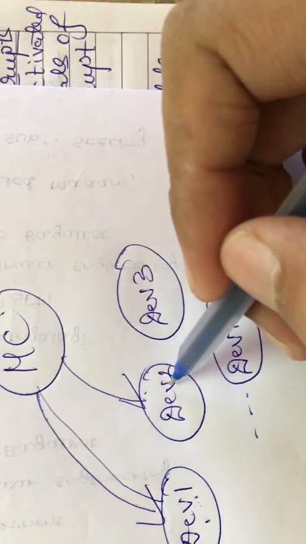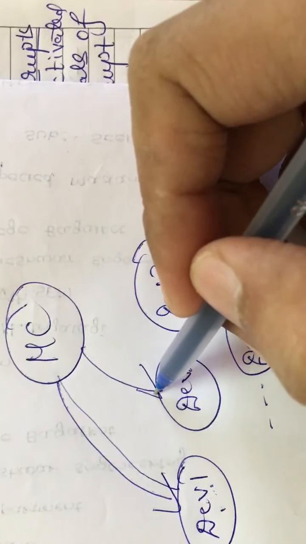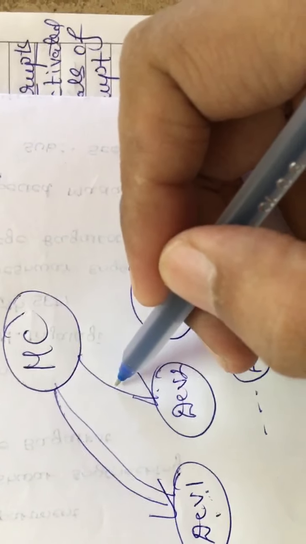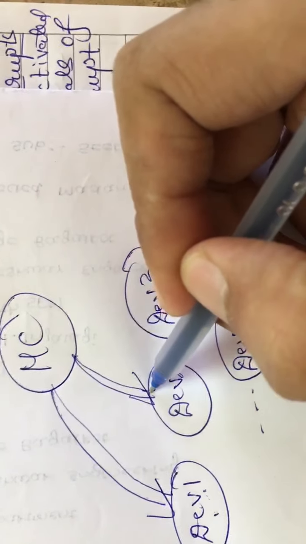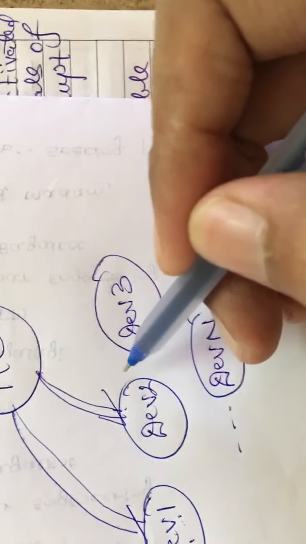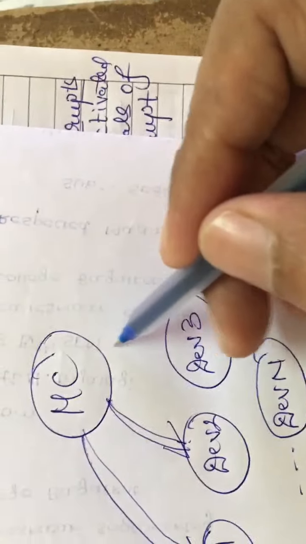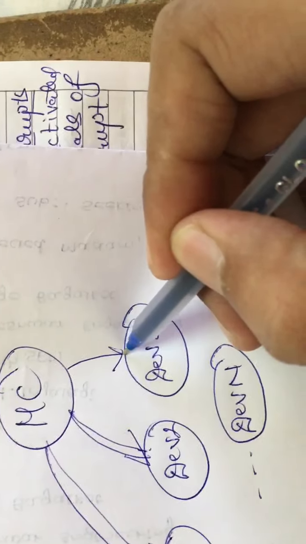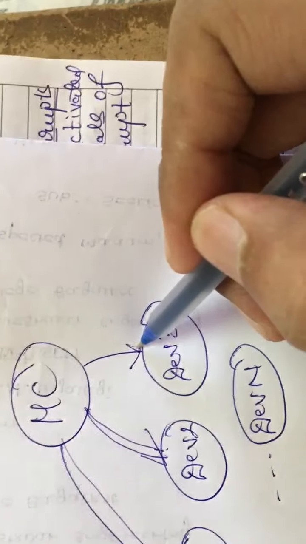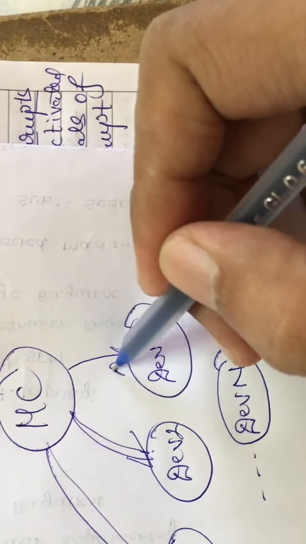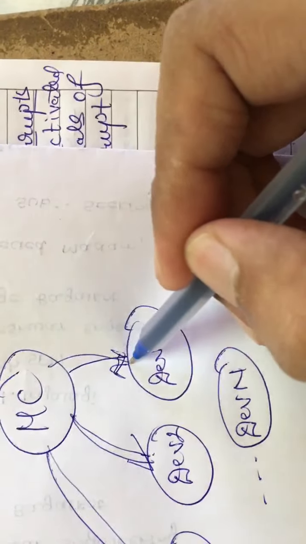When device 2 initiates a request, then the service will be done by the microcontroller. After the completion of device 2, it will move to device 3. When device 3 wants service from the microcontroller, the request is raised and that will be executed.